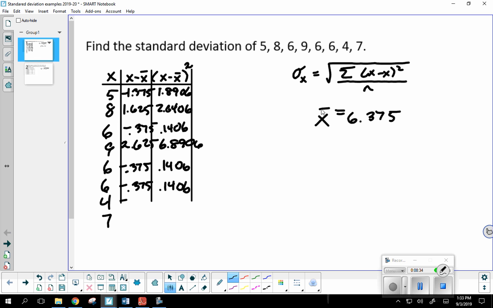Say one more time. Lila, 4 minus 6.375. Perfect. Negative 2.375. And what do I get if I square that?